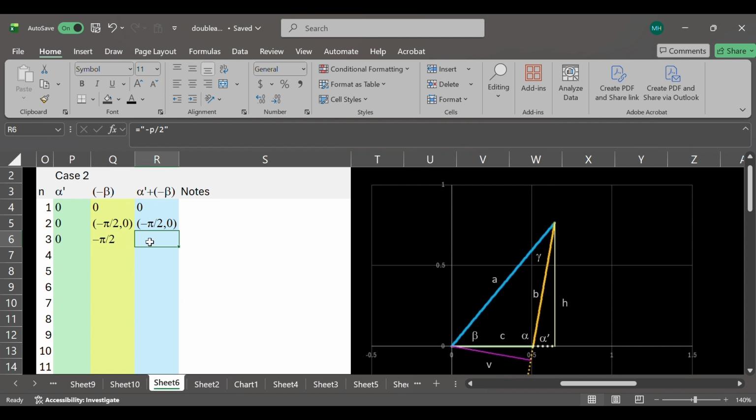So alpha prime could be 0, beta could be 0, acute, negative 90. Alpha prime, there's 5 cases where it could be an acute angle, beta could be 0, beta could be a negative acute angle, and then the sum could be either a positive acute, it could be 0, or it could be negative acute.